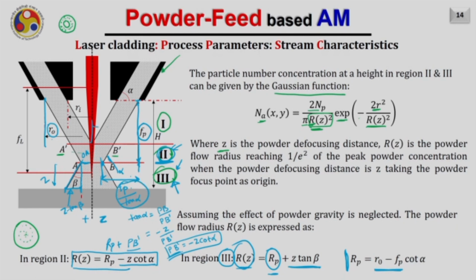Now, the distance from here to here is already shown here by r naught. So, this distance is r naught, therefore, the radius of the powder stream at the focal point, which is shown by this distance, will be equal to Rp equals r naught minus Fp cot alpha, that is this distance from here to here.